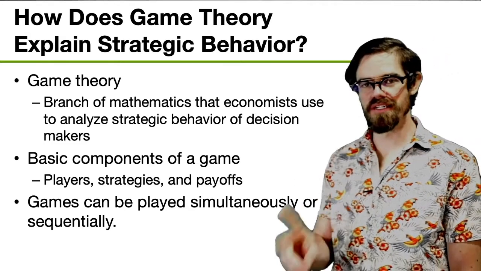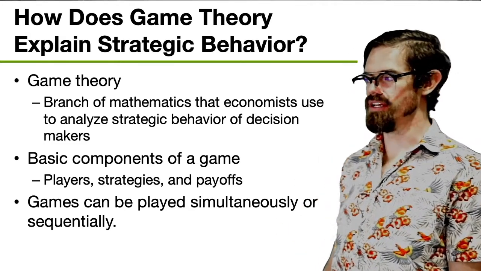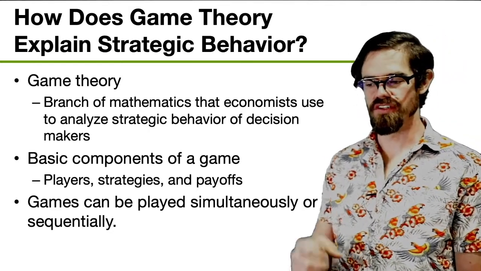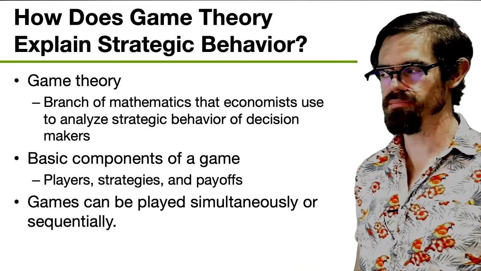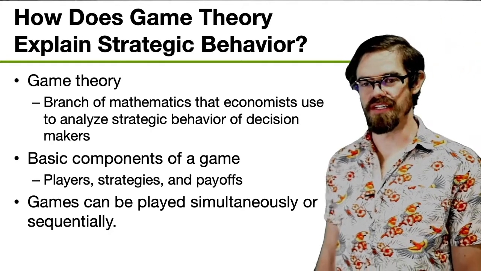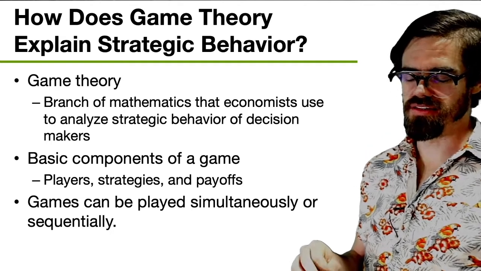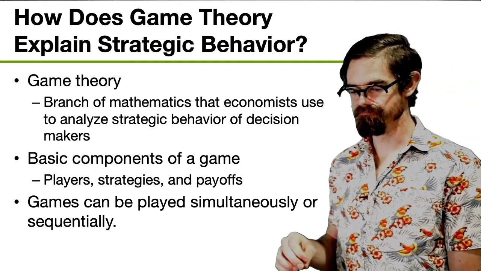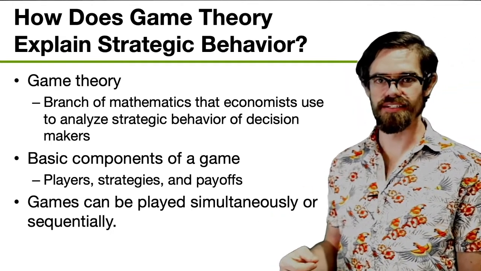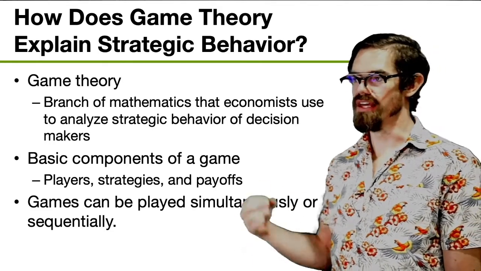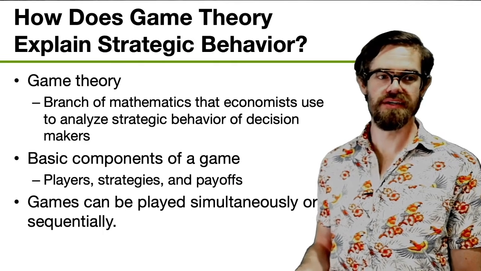And there's two different ways that games can be played. They can be played either simultaneously, which is like tic-tac-toe, where each player reveals their strategy at the same time. Now, it doesn't necessarily have to be exactly at the same time. It could be that I write rock, paper, or scissors on a piece of paper, and then you do it at some other time.